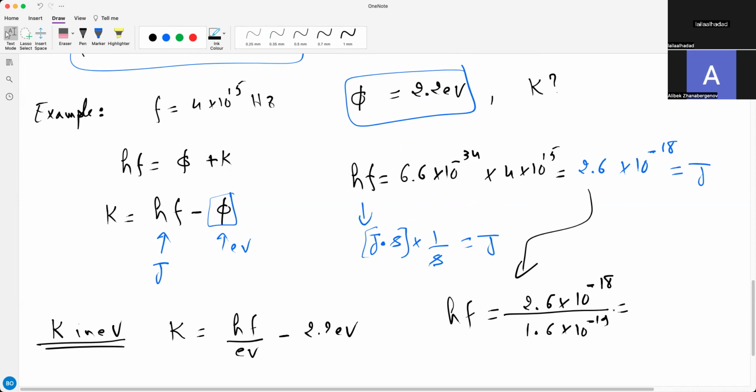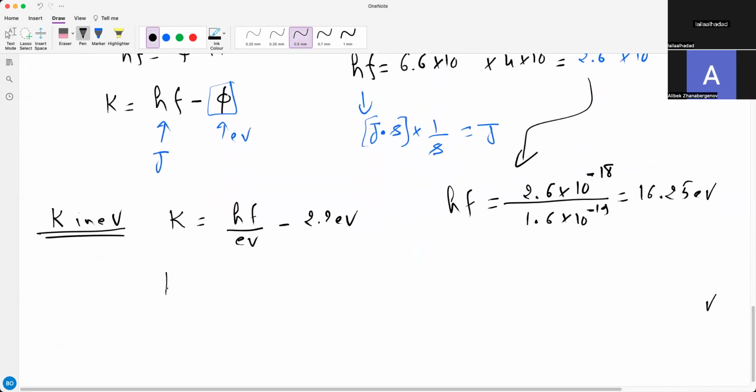This gives you 16.25 electron volt, right? Okay, so now the kinetic energy of the electrons is 16.25 minus 2.2, which is 14.05 electron volt. Any question?